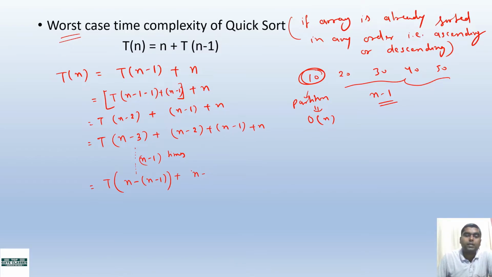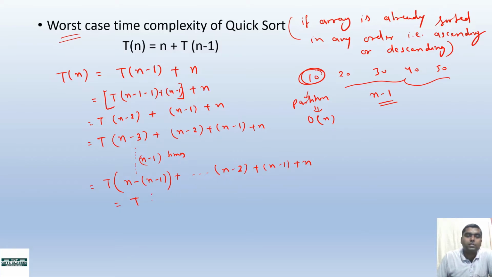So this way it will be n minus 2, or simply you can write it like this: n minus 2, n minus 1 and n, so this and this get cancelled out.